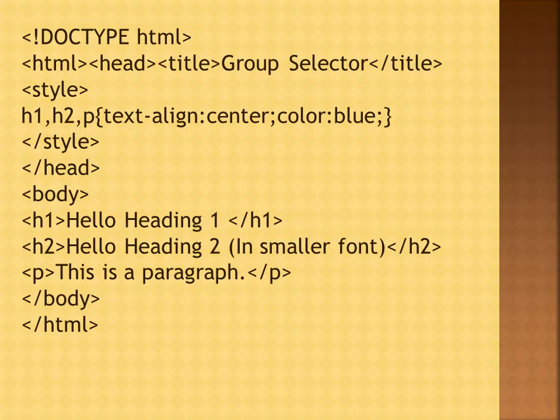In this body tag write some text in between the opening and closing h1, then use h2 and then the p tag. So all these h1, h2 and p elements use the same style, that is alignment center and color equal to blue.